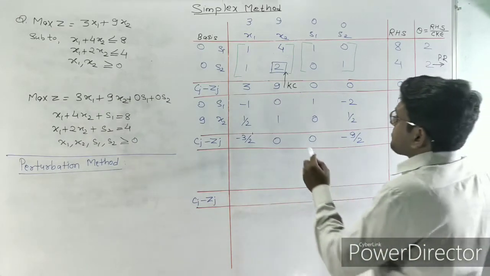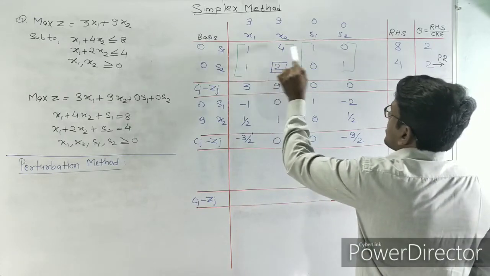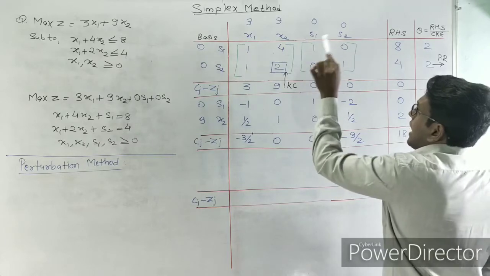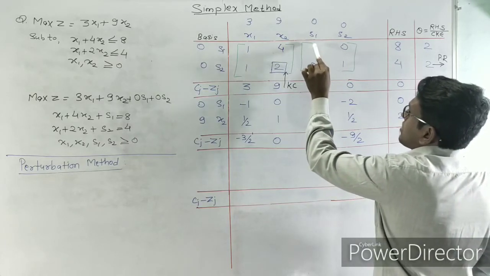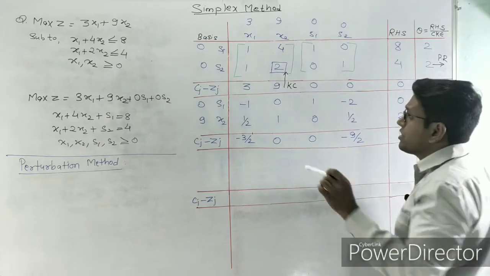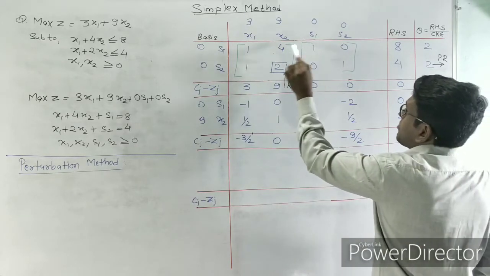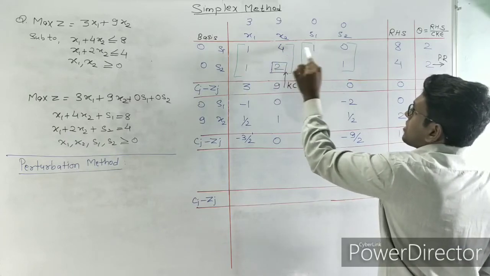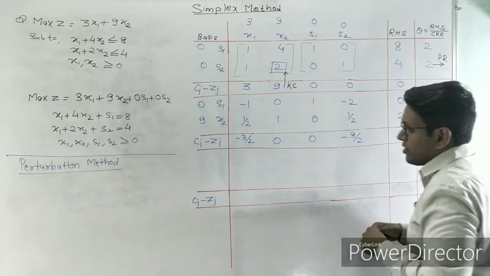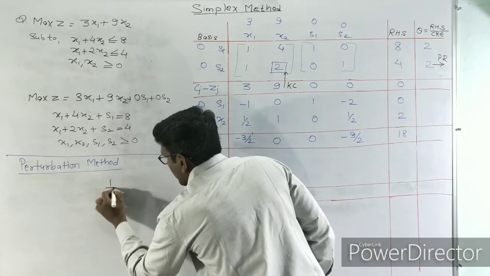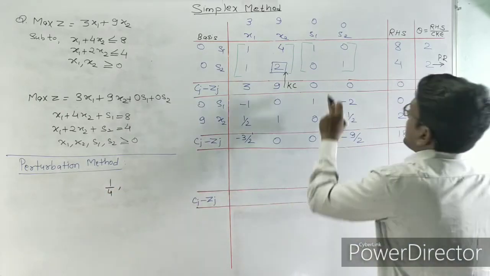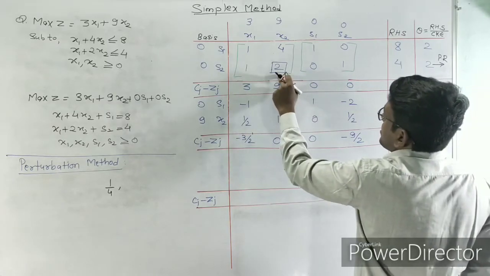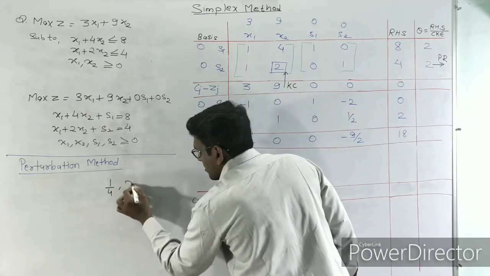So let us see. For the first column of the identity matrix, the ratio here is 1 divided by 4, because 4 is the key column element. So this will be 1 by 4, and the subsequent value is 0 divided by 2, which is 0.